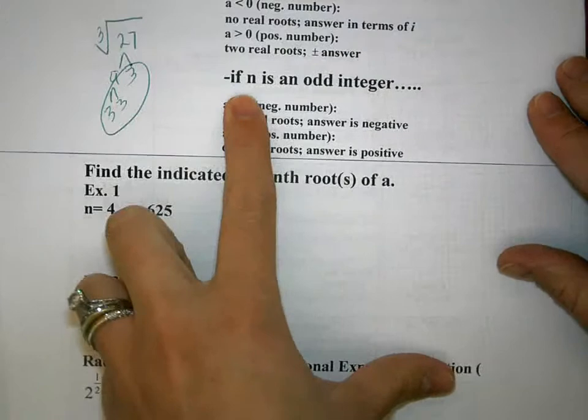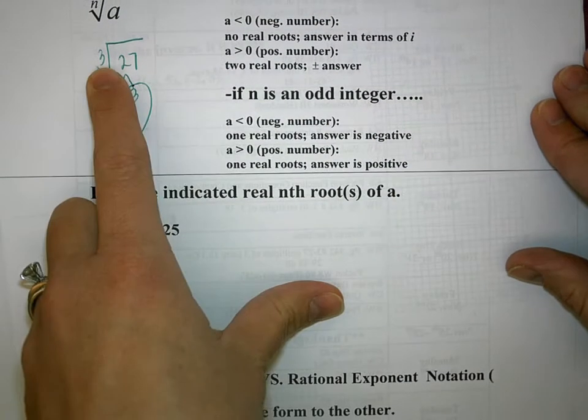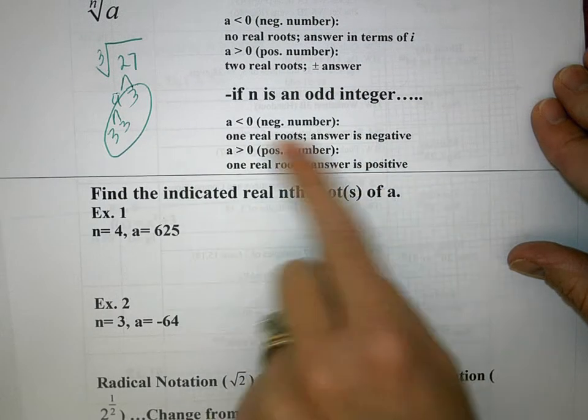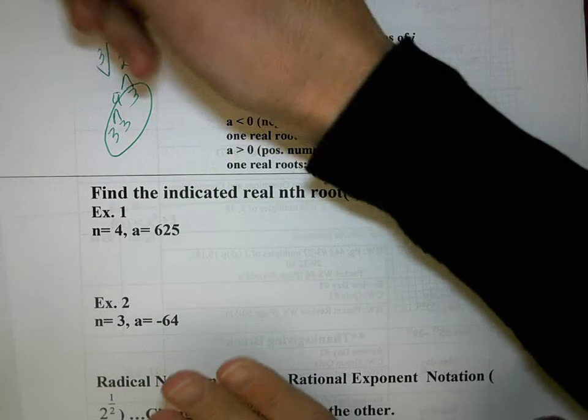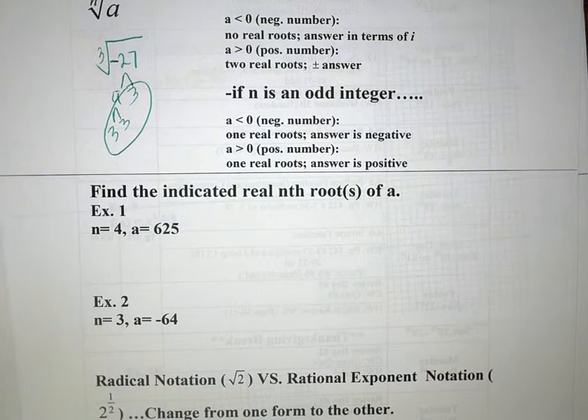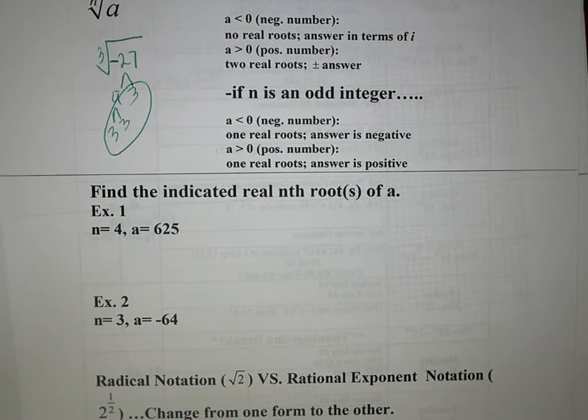If n is an odd integer, meaning like a 3, if you have a negative number inside, like for instance, if this was a negative 27, that does not become an i. The answer becomes just negative 3. So when you have odd roots, you can end up having a negative number.